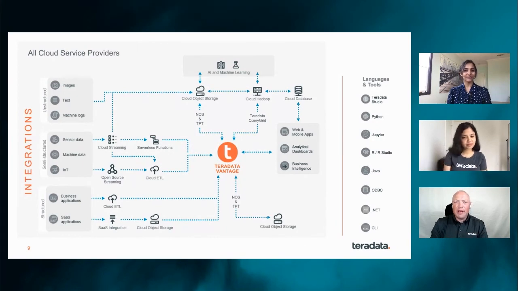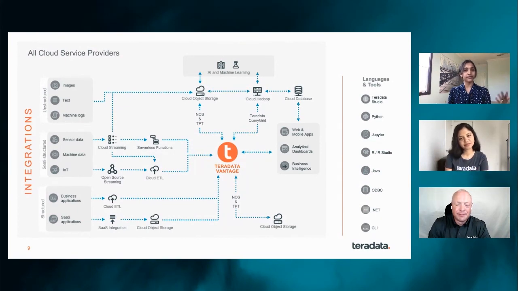Mm-hmm. So as we close out here, since we're at the bottom of the hour, of the questions that came in, one really good question, which just tied into what you mentioned, is what about Vantage to Vantage connectivity? So like you just mentioned, what if you have on-premises and cloud? How would you connect those? Yeah, that's a great question. And the capability that we mentioned, QueryGrid, which is our high-speed query fabric, actually has Vantage to Vantage connectivity.